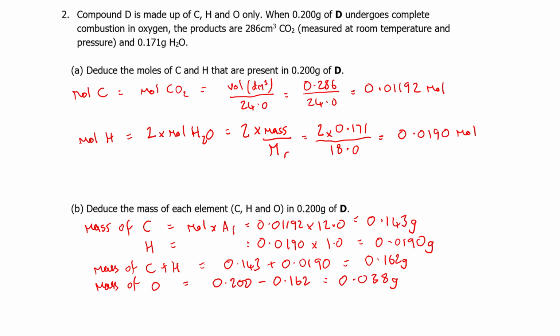So we can now turn that into moles and get the moles of oxygen. So the moles of oxygen is equal to mass over Ar, which is equal to 0.038 divided by 16.0 for oxygen, which is going to come to 0.002375 moles.